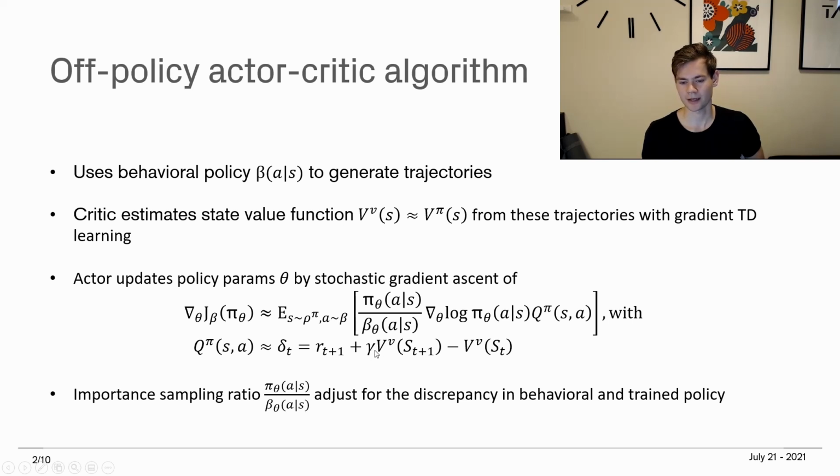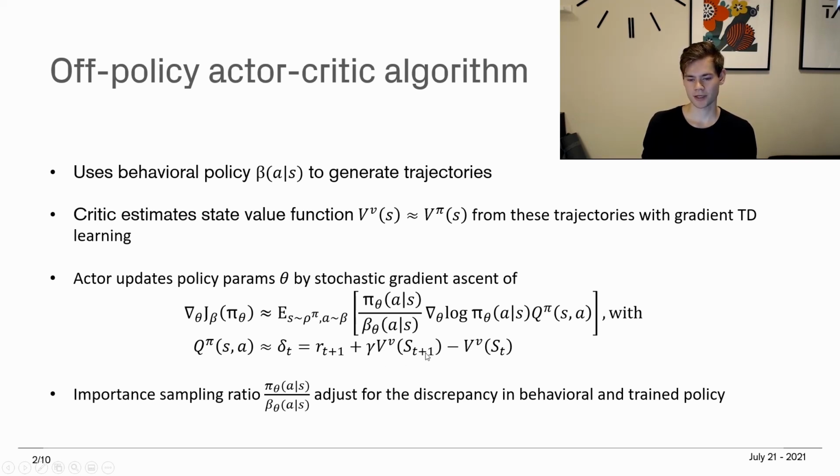And then you remove the current value of the state. So this difference here, if we neglect the discount on the second one, kind of tells us how much better this state is in comparison to this. And this then, the reward, takes into account what we get in this time step that we're considering.